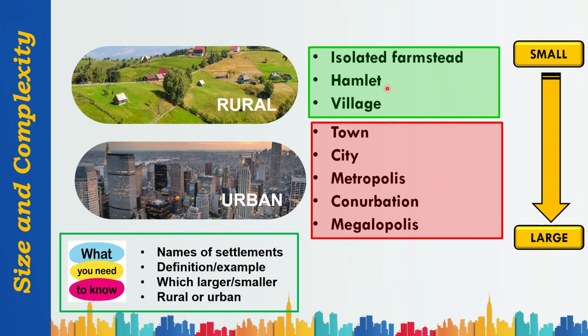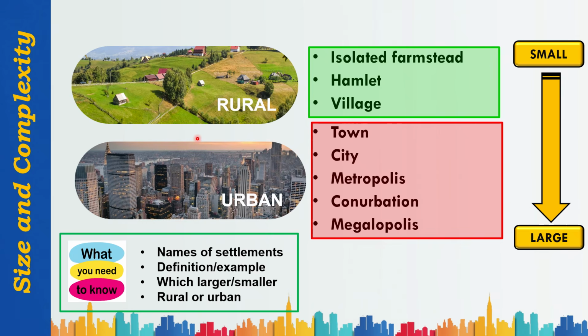Okay, and then a village is a settlement that can have both rural and urban function. It can be farming, and then it can also be shops. Obviously, you need to sell crops, and there's some goods that people need. So a village can have both rural and urban functions.